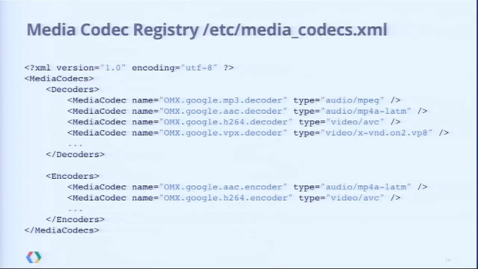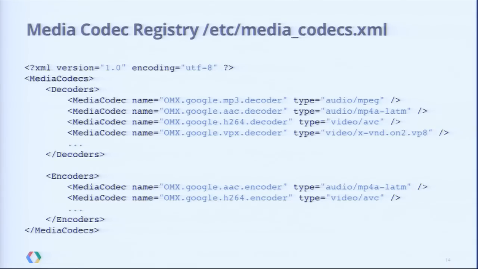For each Jellybean Android device, we require a registry XML file to be put on the device, which tells you all the available media codecs. On this slide, I show you a simple example of this media codecs.xml file.